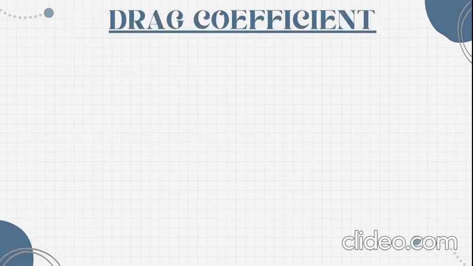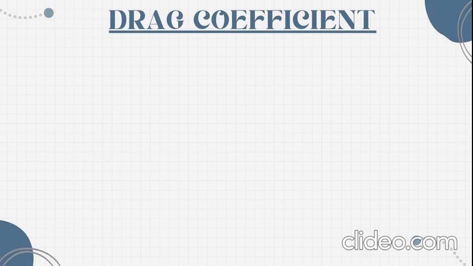Now we will talk about the drag coefficient. So the drag force depends on the Reynolds number, and engineers use experimental correlations to calculate the drag force. Now different Reynolds numbers give us different drag coefficients. Drag coefficients are also called friction factor.